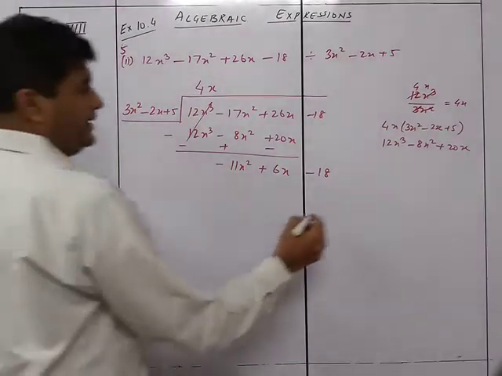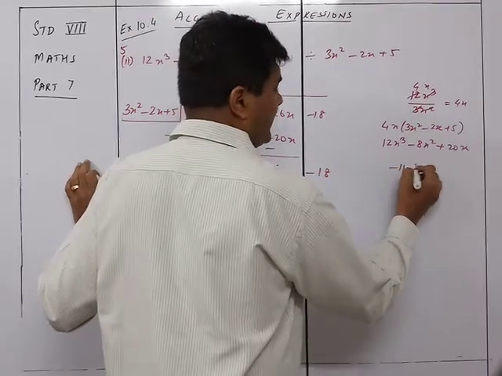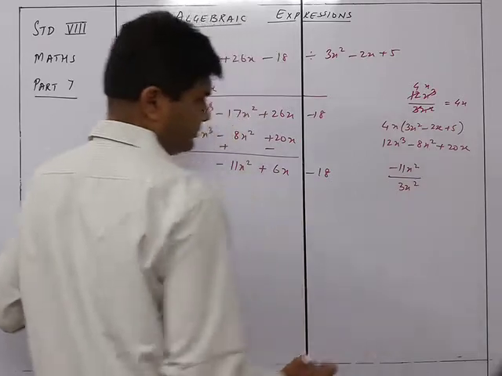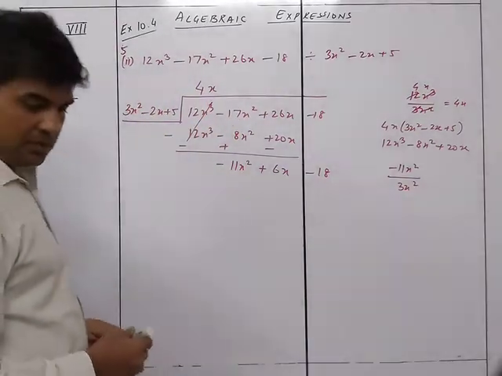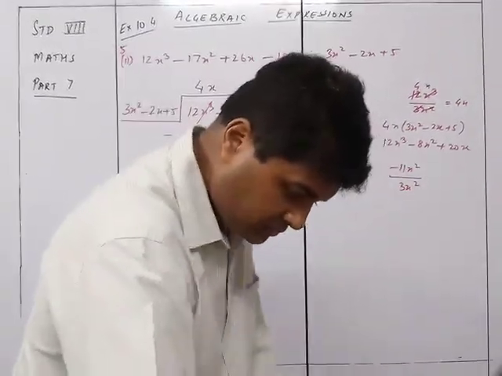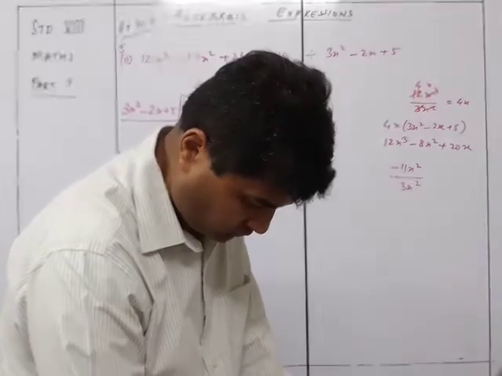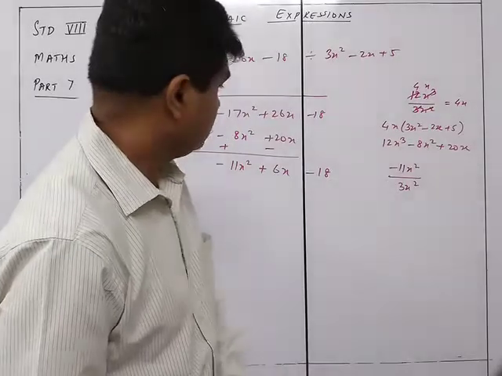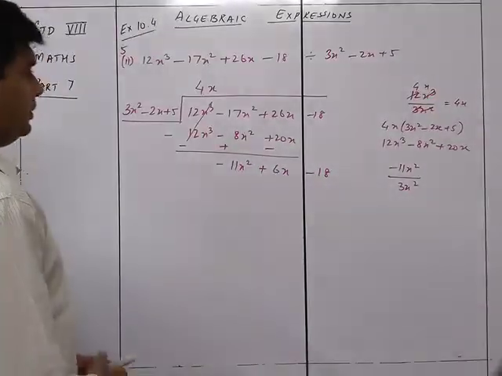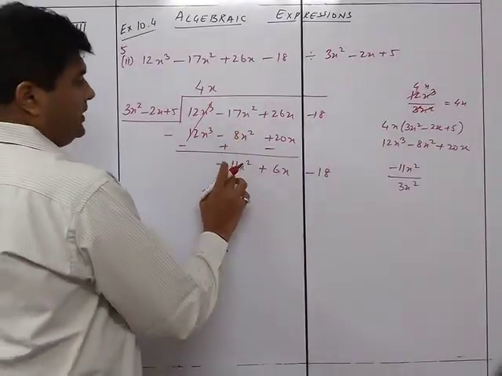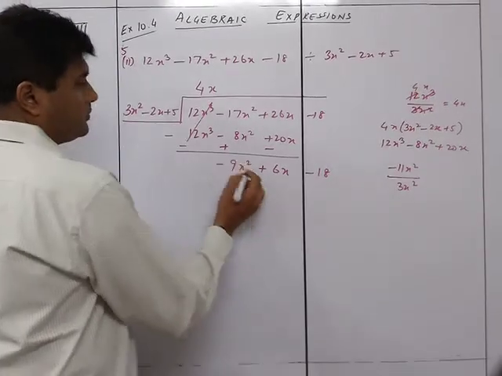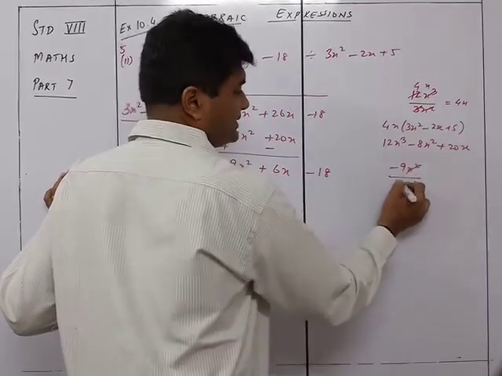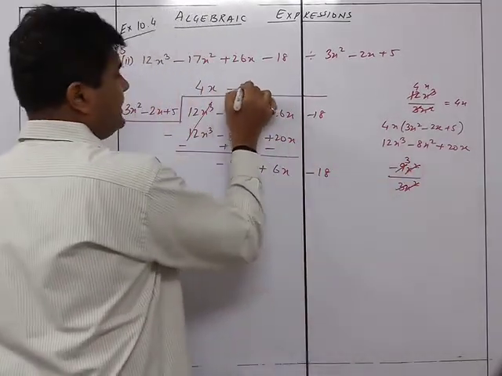You take the first sum again, it will be minus 9x square upon 3x square. Okay? Let me check. Yeah, sorry, this is going to be 9. So this expression cancels. This gives you 3. So this will be minus 3 over here.